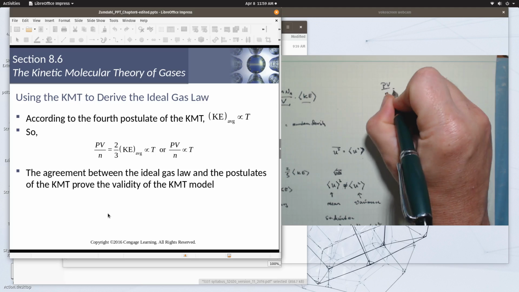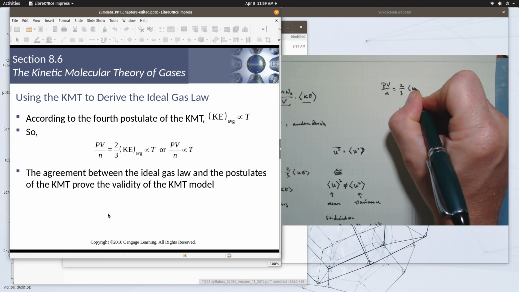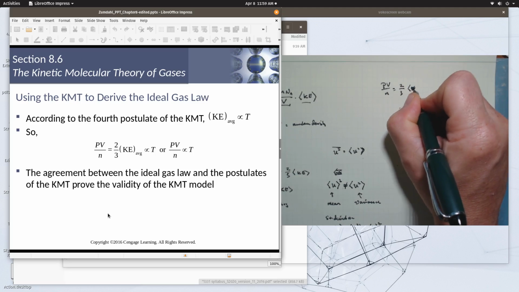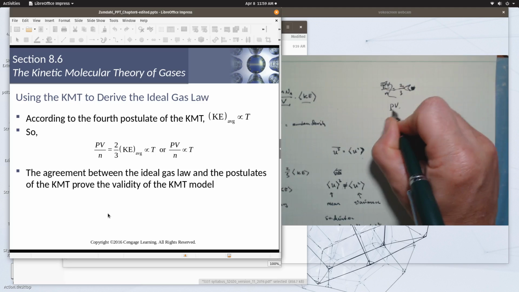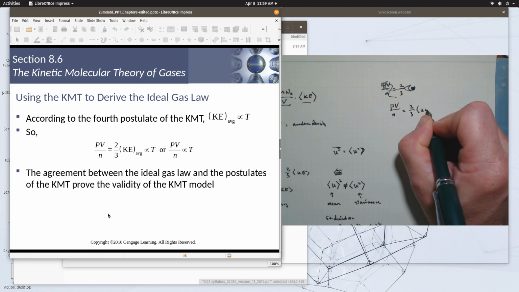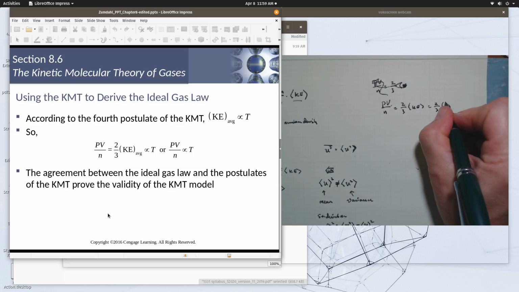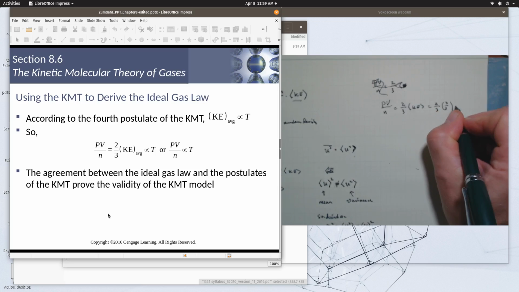So what we get out of all of this is finally PV divided by N is equal to 2/3 of the average kinetic energy, which is equal to 2/3 times 3/2 kBT.